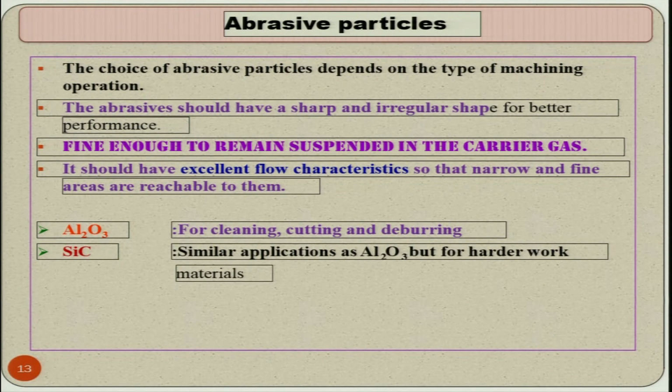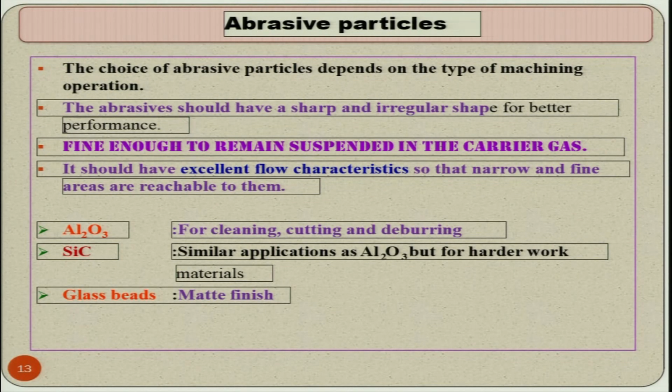Then silicon carbide is comparatively harder, and you have applications like cleaning, cutting, deburring, etc., as in the case of Al2O3, but for harder workpiece materials, because this is harder, so the workpiece material can also be harder, and you can perform these kinds of operations.